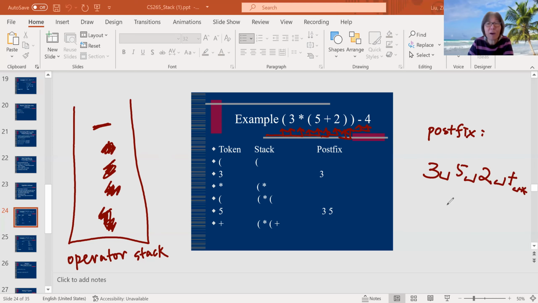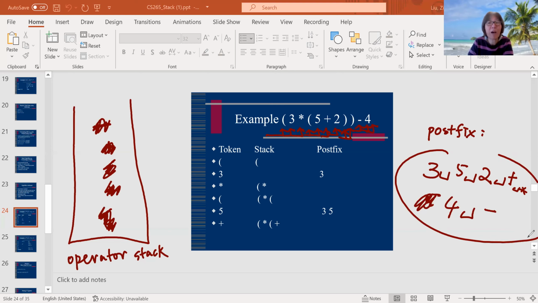And the next is a number, so you add it to postfix. And now you reach the end of the expression. So you're going to pop everything out and add it to postfix. So now this is your postfix expression, okay? So this is how you convert from infix to postfix.